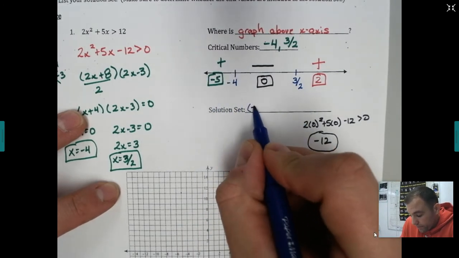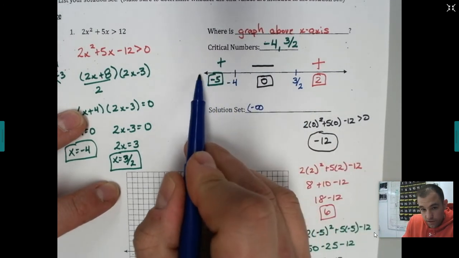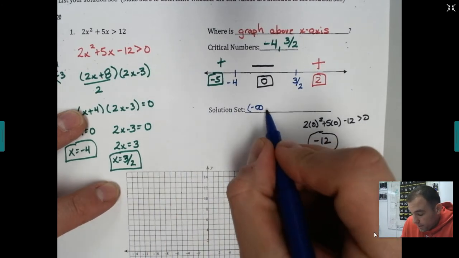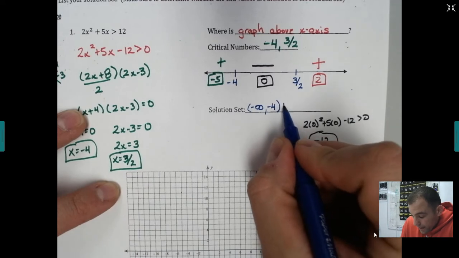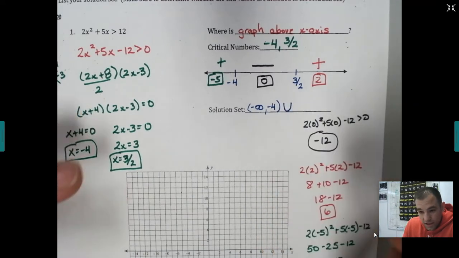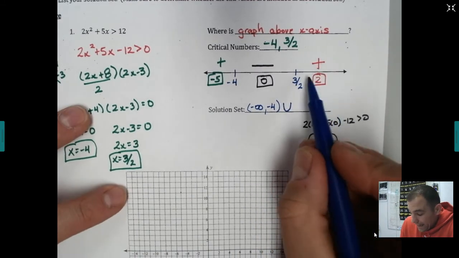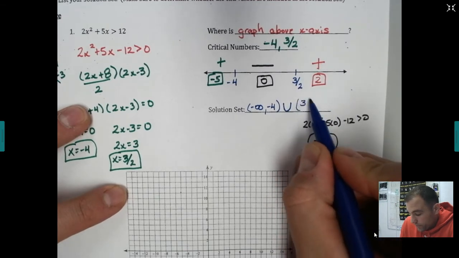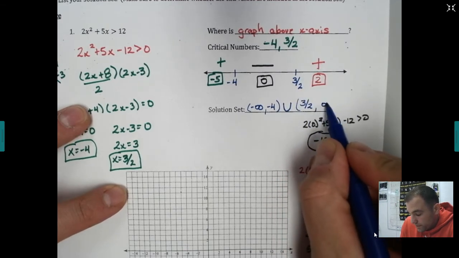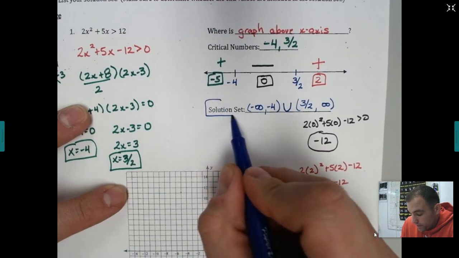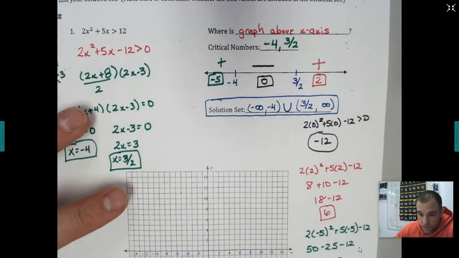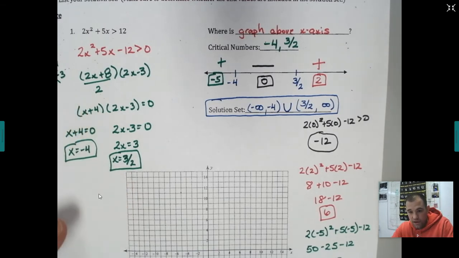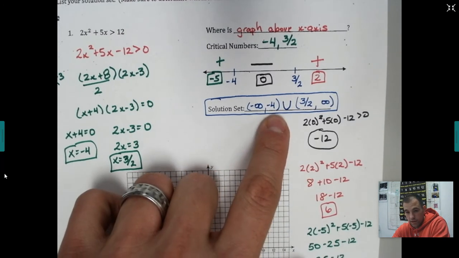So from -infinity, because this keeps going forever, from -infinity until -4. And this U means also, like, included, and this piece from 3/2 to positive infinity would be my answer to this question. Okay, and I'm going to show you what this looks like on a graph, so that you'll have an idea. All right, so that is the answer to this problem right here.